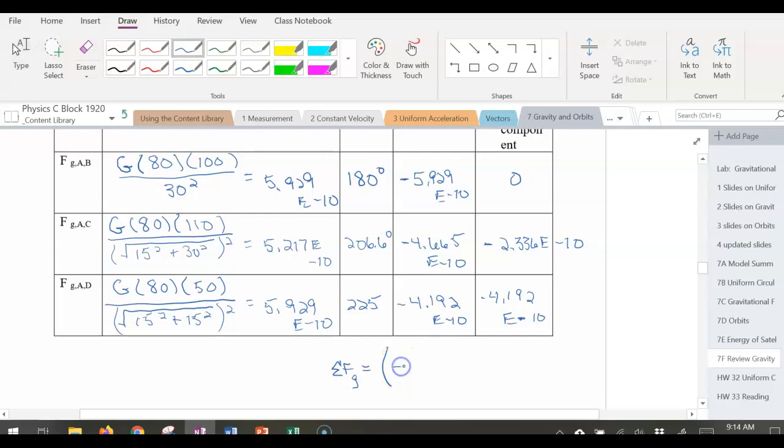So I get negative 1.479 e to the negative 9th.